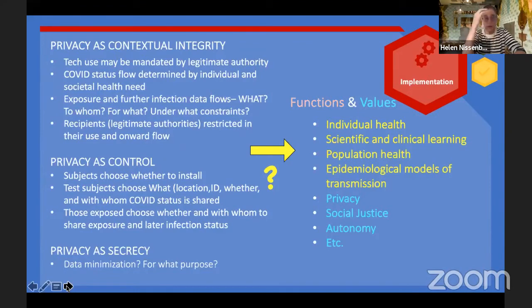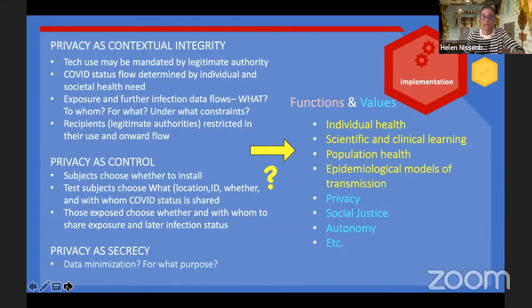And then I go through the other competing definitions of privacy as control, where subjects choose to install, and subjects choose what and whether and with whom COVID status is shared. Those exposed choose whether and with whom to share the exposure and later infection status.